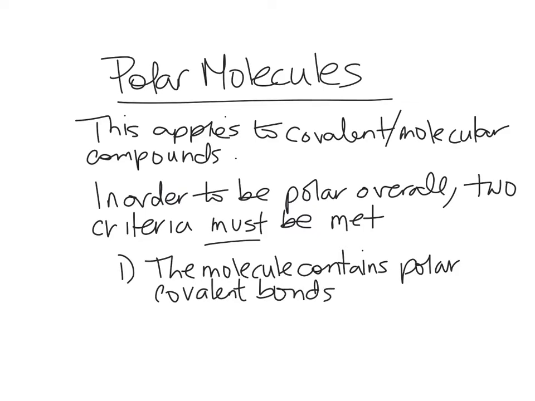So the molecule must contain polar covalent bonds, and 2, a net dipole is present. So a net dipole is what you get when you add up all the dipoles.